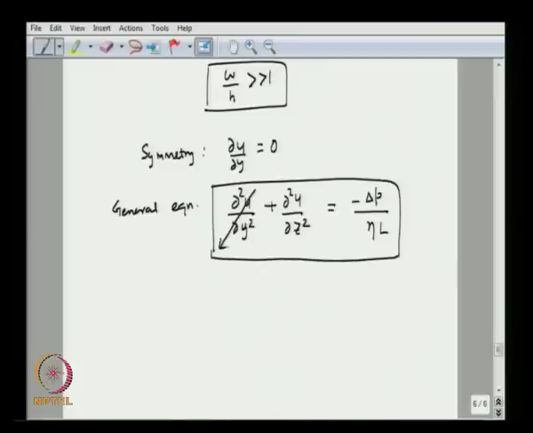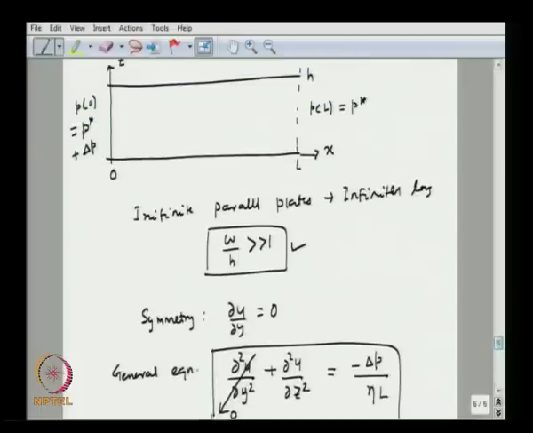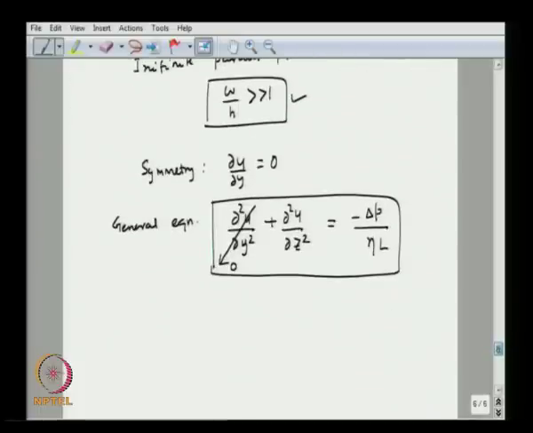Here this variation is negligible because we are talking about the width is large compared to the height. So, there is no variation along y direction.